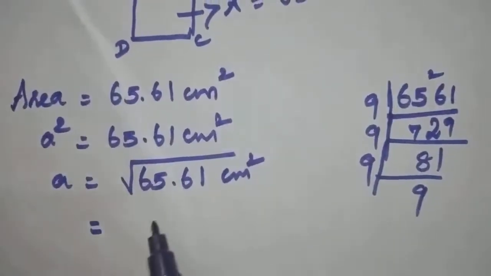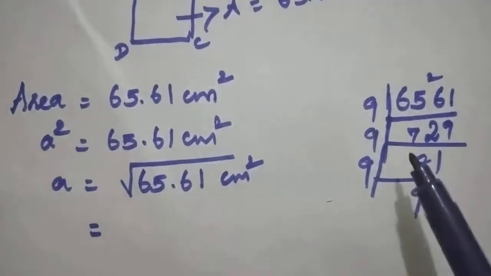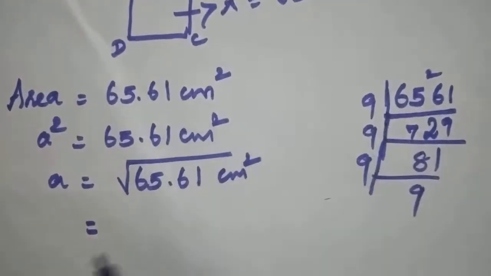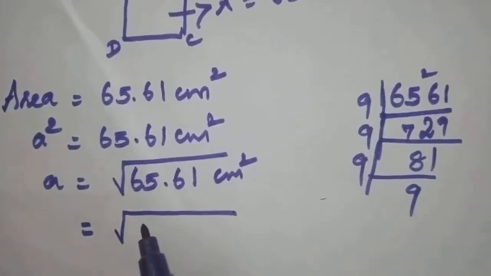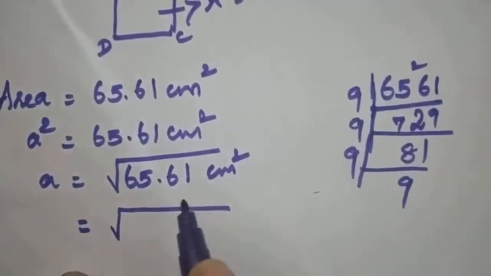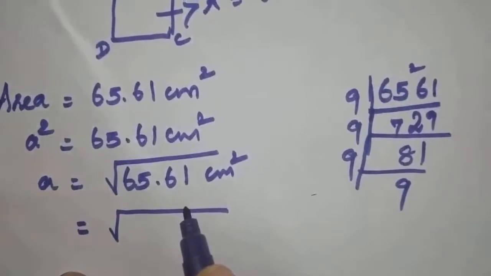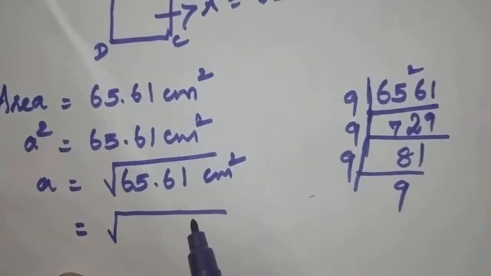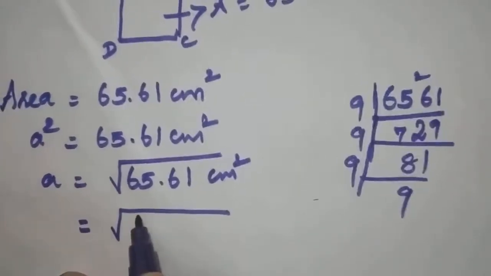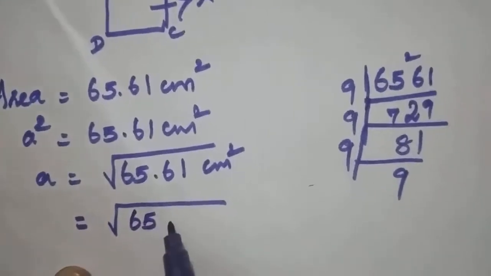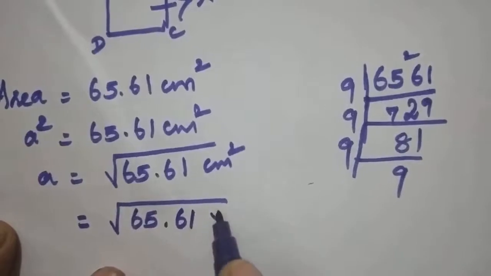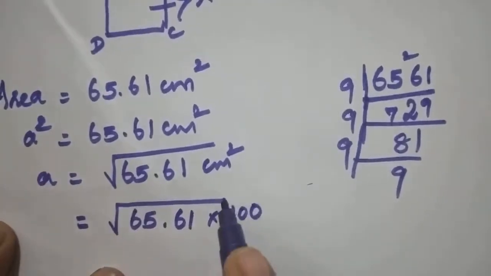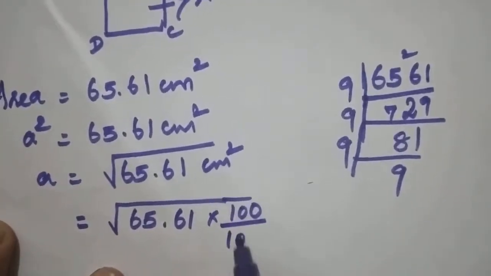When you factorize the number 6561, you will get 9 times 9 times 9 times 9, that is, this is nothing but the square of the number 81. So first we have to remove the decimal point of this one. So you have to write it as 65.61, multiply the numerator as well as the denominator by 100 to remove the decimal point.